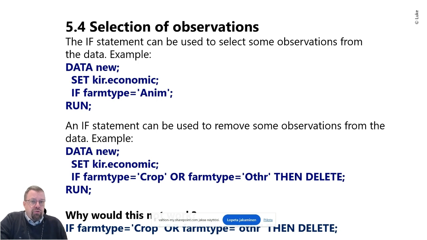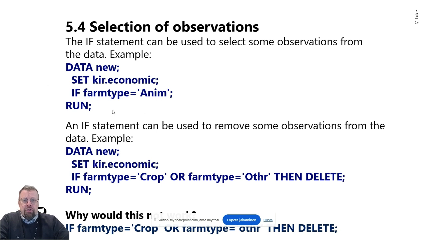So we also use an if statement here as we did in the last part, but we use it in a little bit different way. If you look at this data step here, you can see that we have an if statement without the then part as we did last time.